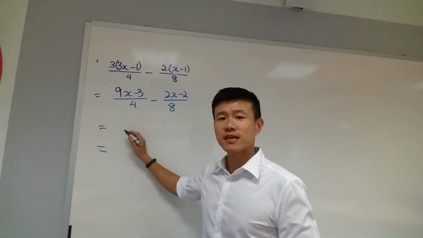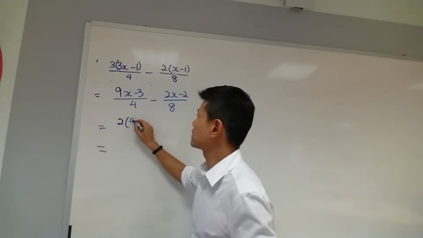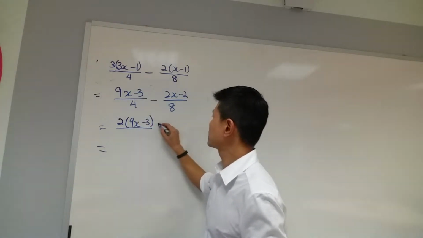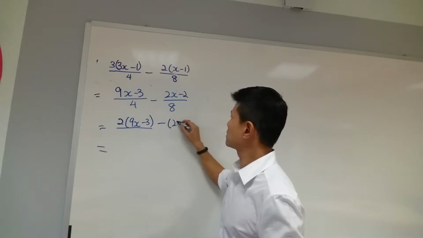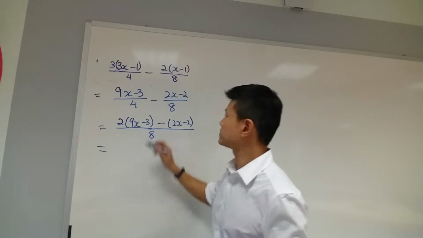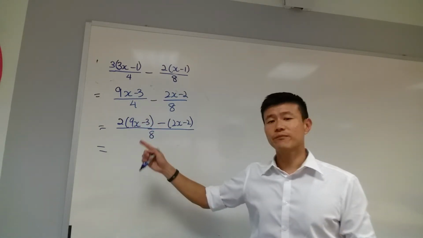So the same thing once again, multiply by 2. And then you multiply the 2 into the brackets.